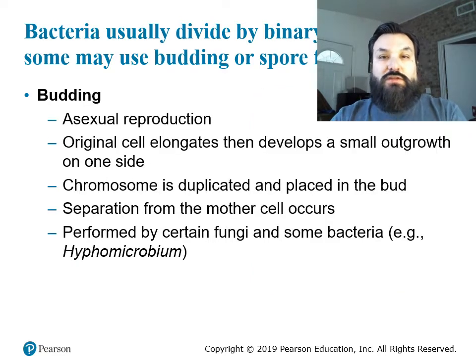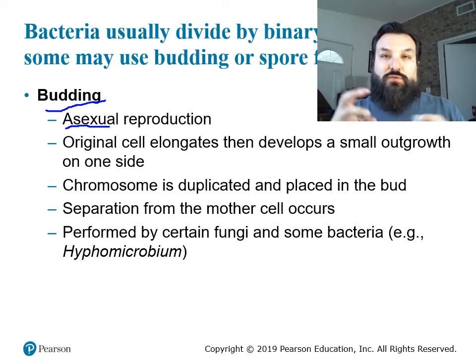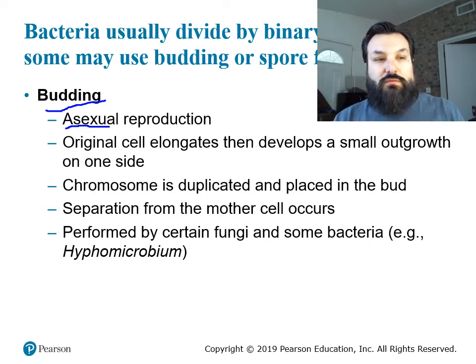Okay, so here's the other process besides binary fission. In fact, this is called budding, okay? And budding is a type of asexual reproduction, not sexual, but asexual. It kind of falls in the same process as binary fission in the fact that the cell will elongate, will grow in size, but instead of forming two separate plasma membranes and cell walls, a smaller portion of the cell wall and plasma membrane starts to bud out, if you will.